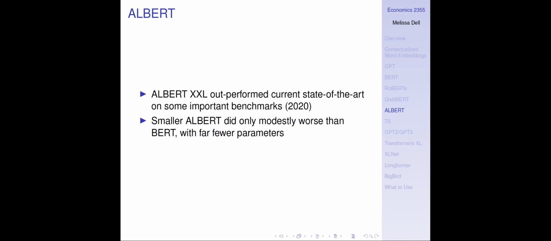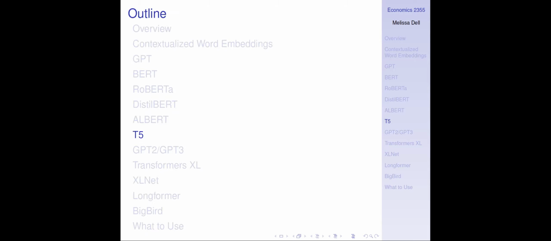And if you need something much lighter weight than BERT or RoBERTa, because you don't have a very powerful computer, you can use just the ALBERT base. It's not going to be as good, but it's still going to be pretty decent, and it's going to run a lot better on your machine.